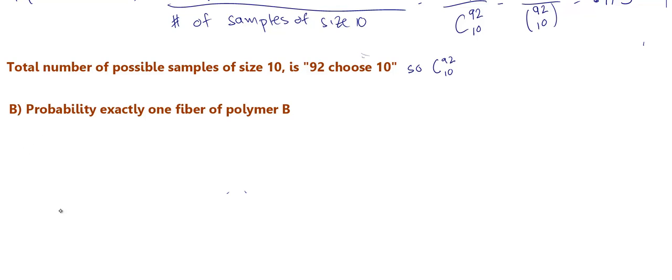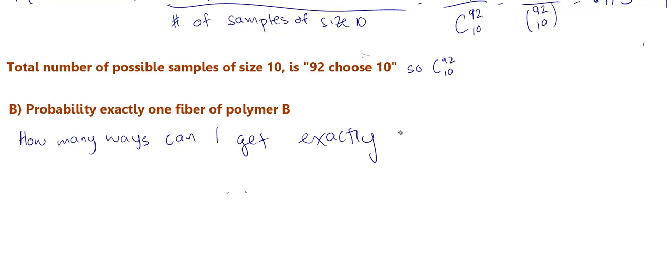So what I'm going to do here is say, how many ways can I get exactly one fiber of B?